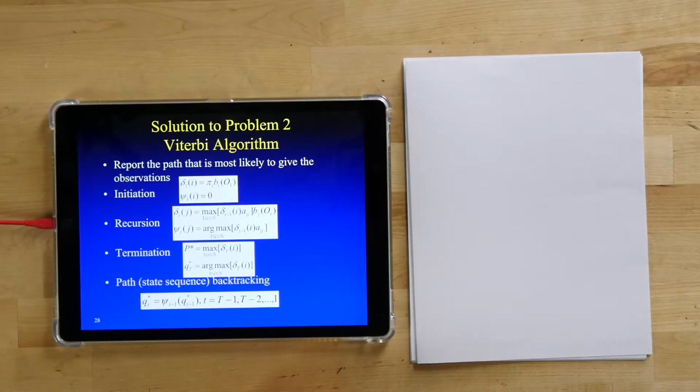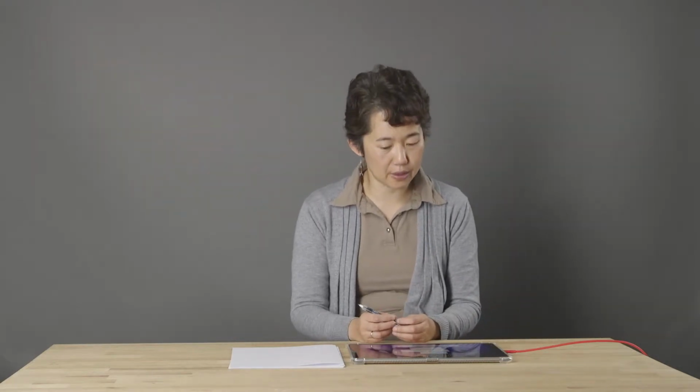Remember, in the previous problem 1, we had 2 solutions. One was the forward procedure, and the other was the backward procedure. And they both solved the problem, and they gave identical results. For problem 2, in order to guess the hidden states, there are also 2 ways to solve the problem. The first is the forward-backward procedure, and the second is called the Viterbi algorithm.